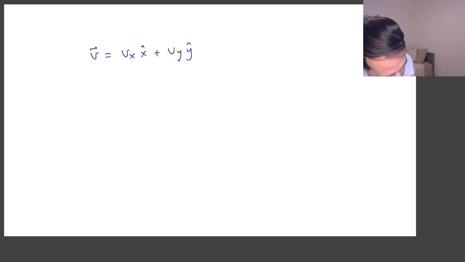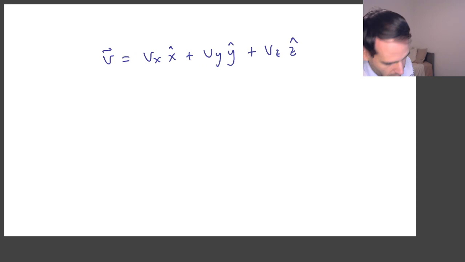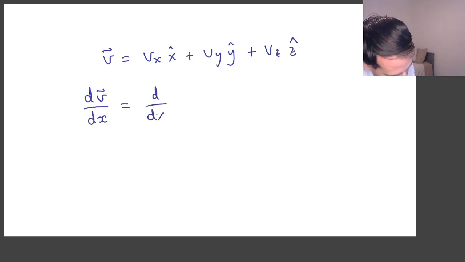Now, the reason that this chapter is so short is that I can get it done in 2 minutes. So let's do it. A vector V is equal to Vx x hat plus Vy y hat plus Vz z hat. Starting from this point, the derivative of V with respect to x is equal to d dx of all this, which I can copy.